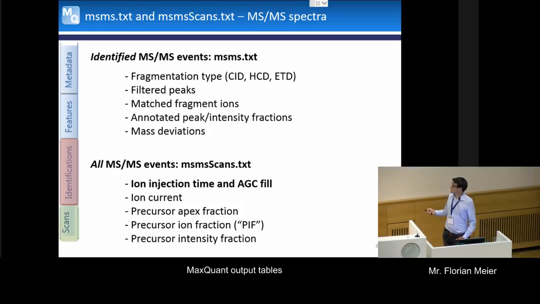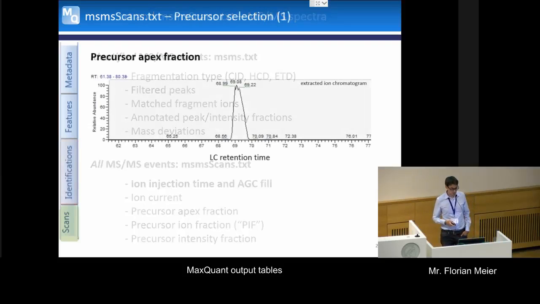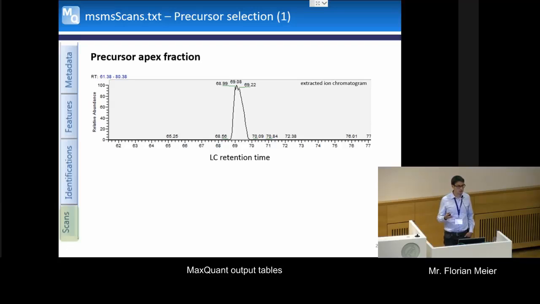And now I will spend a bit of time on those parameters or columns below: the precursor apex fraction, precursor ion fraction, and the precursor intensity fraction. The precursor apex fraction gives you an idea of how close the MS event was to the apex of the chromatographic peak. Ideally, we want all our MS experiments to happen at the apex of the chromatographic peak, because that's where we expect most of the ions.